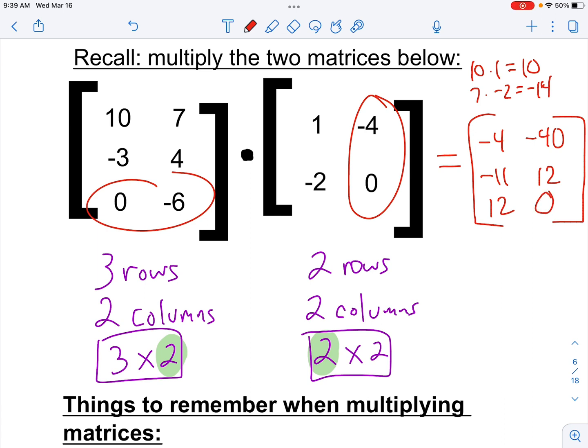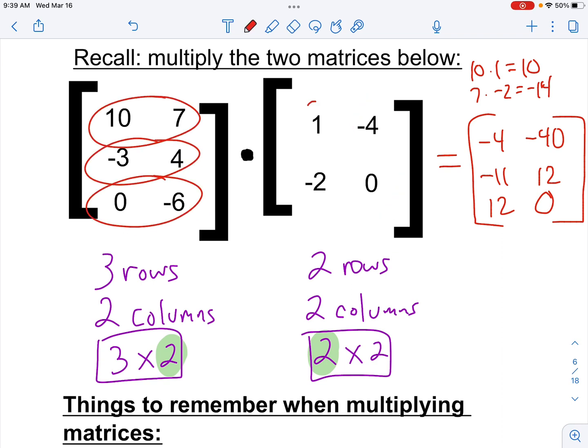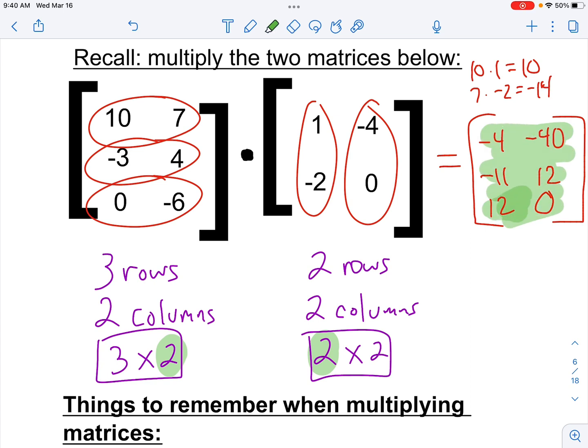When all is said and done, it's basically like distributing. You know the distributive property? What we did was distribute each of these 3 rows to each of these 2 columns. So 3 rows times 2 columns, we came away with 6 answers. See these 6 results? That's because we distributed 3 rows times 2 columns.